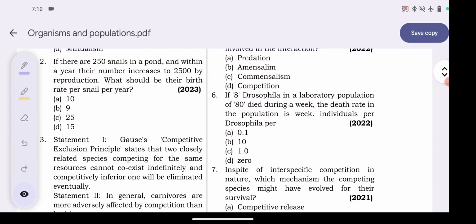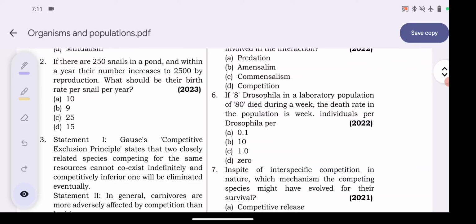Question number second. If there are 250 snails in a pond and within a year their number increases to 2500 by reproduction, what should be their birth rate per snail per year? Here it is given the initial number of snails, that is 250, and the final number of snails within a year, that is 2500.